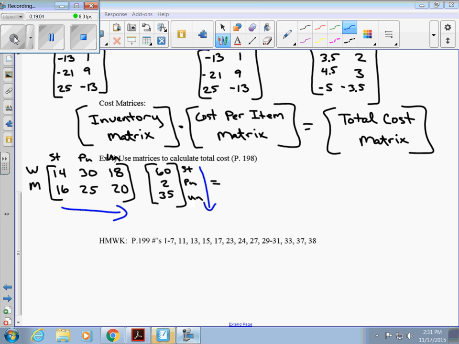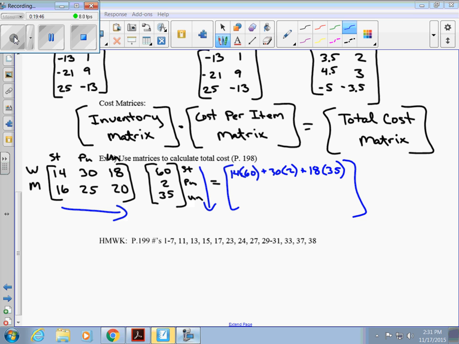We take 14 times 60, and then 30 times 2 and 18 times 35.